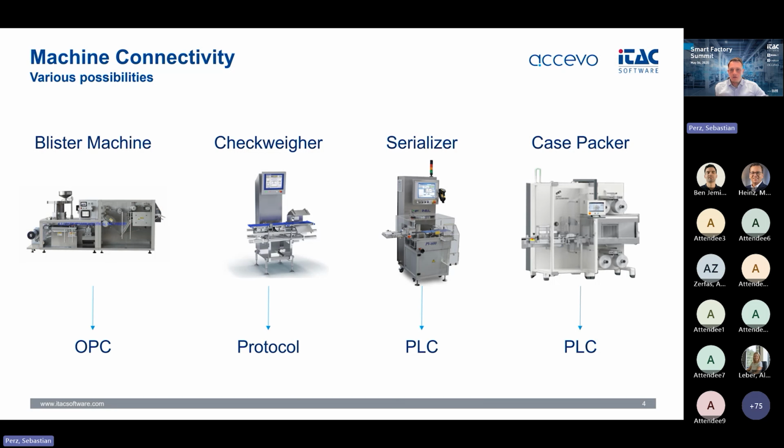This is an example of our customer's production. For example, the blister machine is connected to our system by OPC UA. Check weighers, for example Mettler Toledo, are connected by their own protocol. The serializer and case packer are connected by PLC, but it's not that easy because we have different PLC producers with different industrial networks, like Siemens Profinet, Allen Bradley EtherNet/IP, Beckhoff EtherCAT.